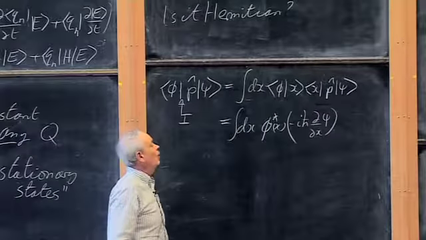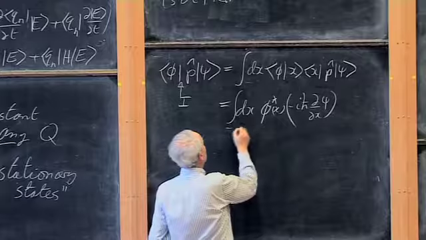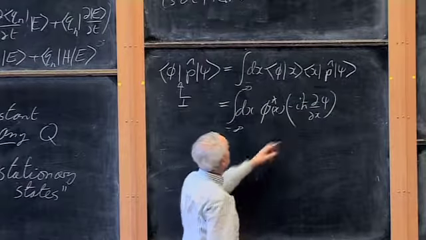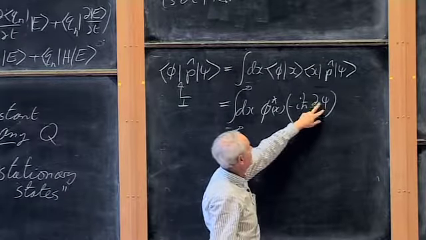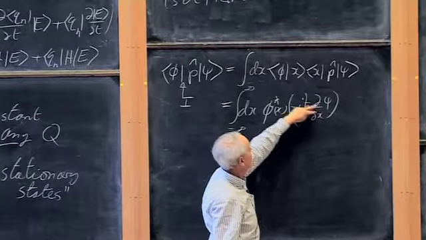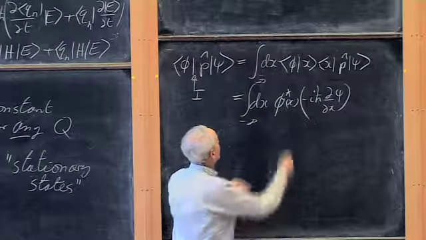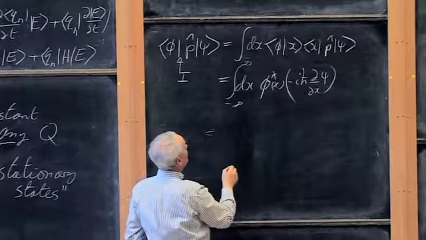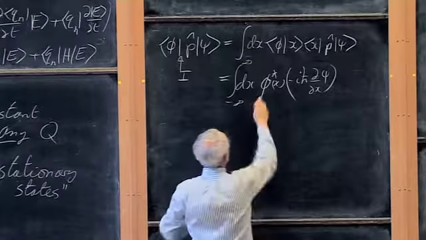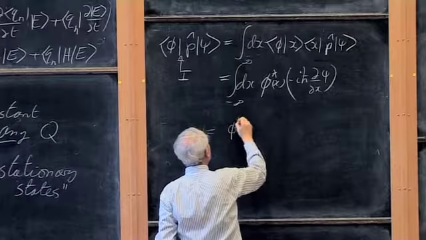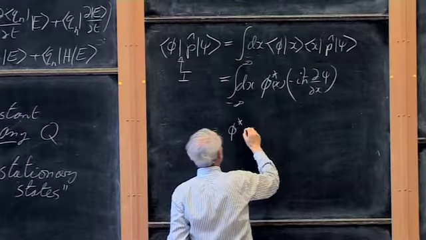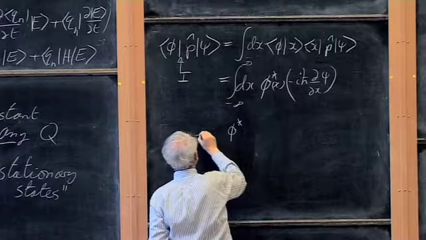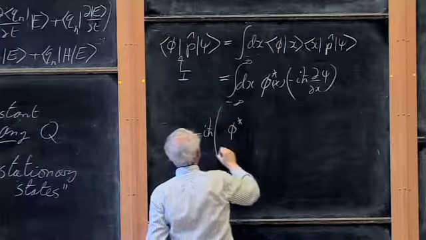So we can now integrate by parts. We're integrating from minus infinity to infinity. So we can integrate by parts to move this derivative off psi and onto phi. So what does that give me? Let's put the minus i h bar outside some vast bracket.